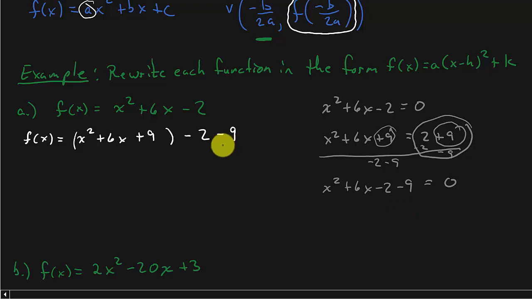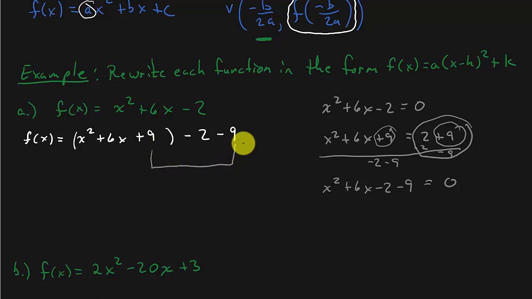So if I'm on the same side of the equal sign, if I add something, I have to also subtract it. This right here is the same thing as adding 0. If I have a function, I can't just add a number to it. I can't just add 9. That changes the problem up.